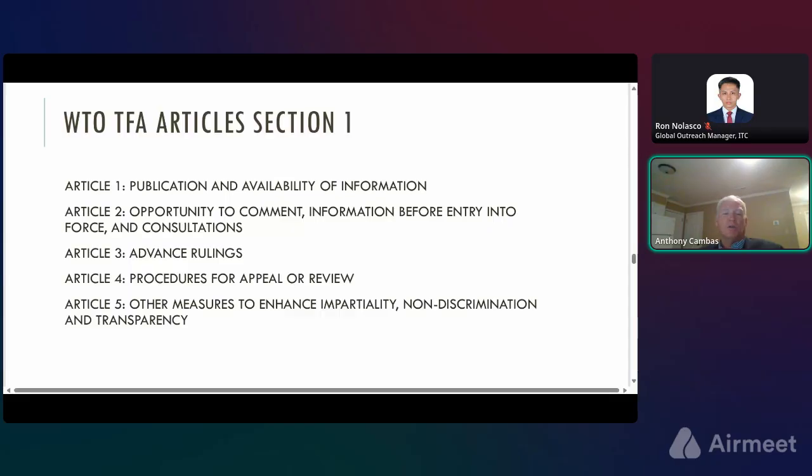In the United States, we have what's called the Federal Register, but in other countries, you have your other legal gazette or legal instrument that allows for the publication of this information. And through the WTO TFA, companies are going to see that and have the ability to digest that, and then get back to customs or whatever implementing agency is in charge of that, and go back with their comments.